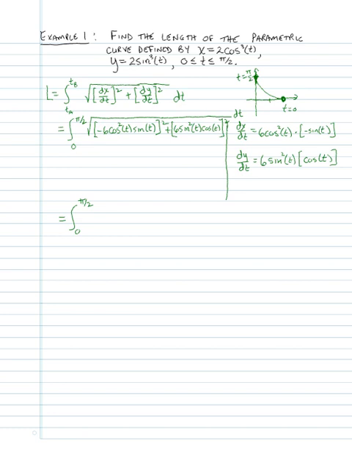Okay. If we do the squaring under this radical, when we square that first term, we get a positive 36, negative 6 squared. We'll have a cosine to the fourth t, and we'll have a sine squared t.